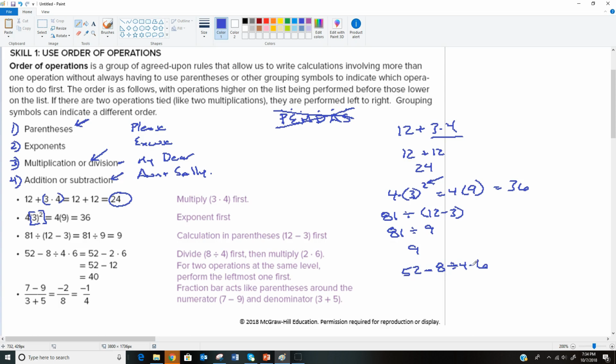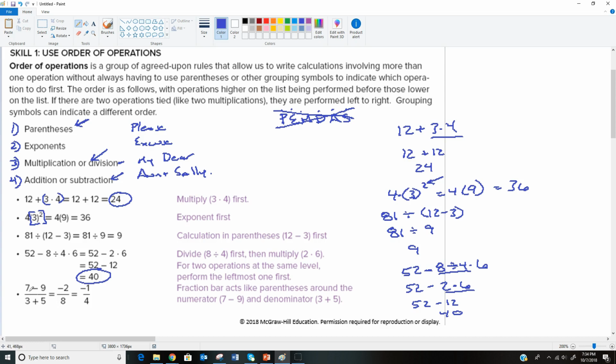I'm not going to do this multiplication before the division. I'm going to do all the multiplication and division from left to right as I see it. So 8 divided by 4, 52 minus 2 times 6. Now I'm going to do this multiplication before I do the subtraction. So 52 minus 12. And 52 minus 12 is 40. So that's where we get 40 from that.